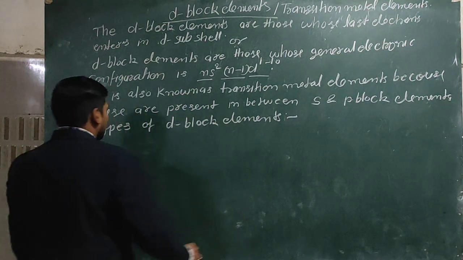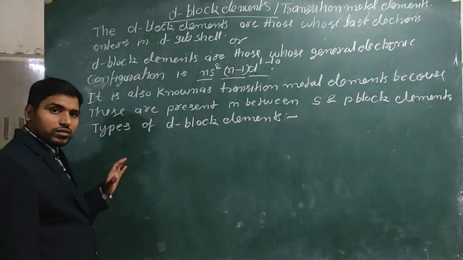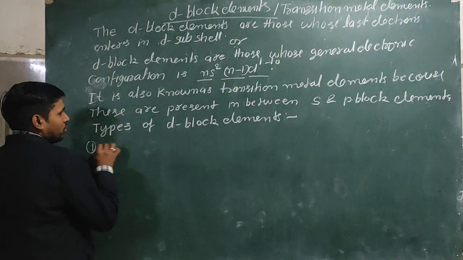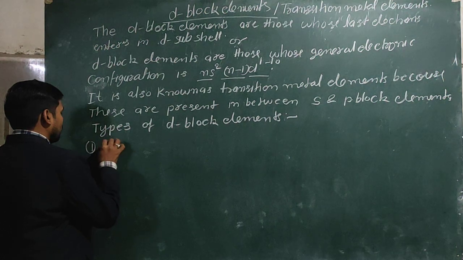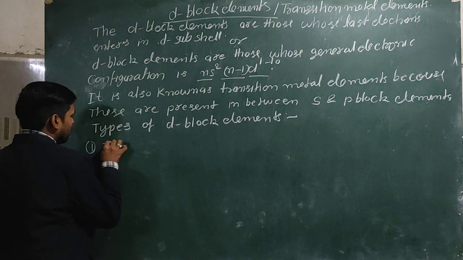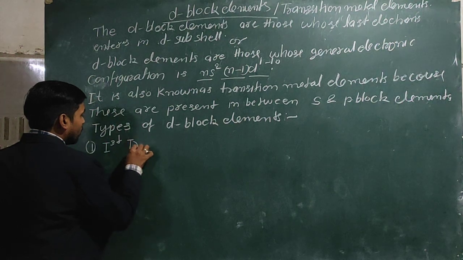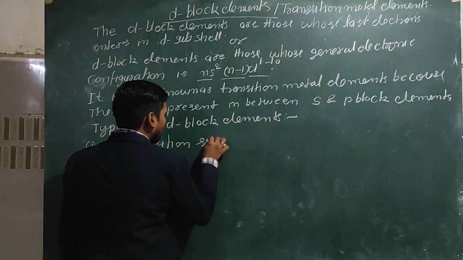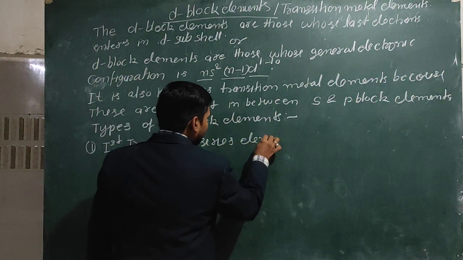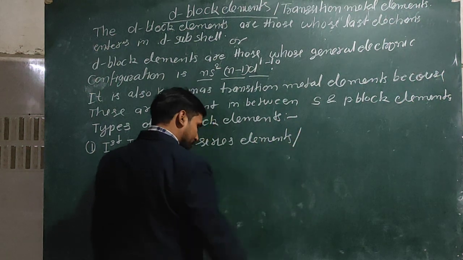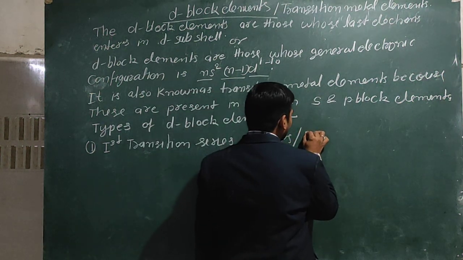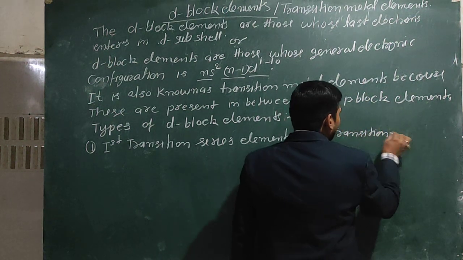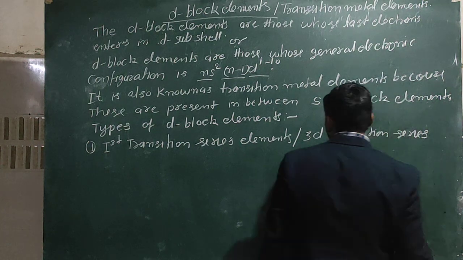All the d block elements are categorized into four categories. First, the first transition series elements, or 3d transition series elements.